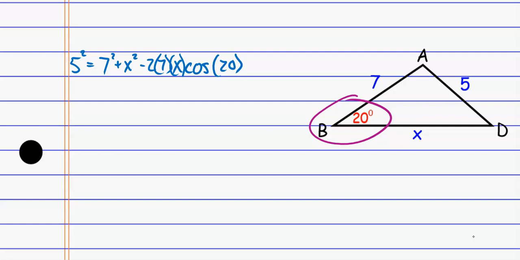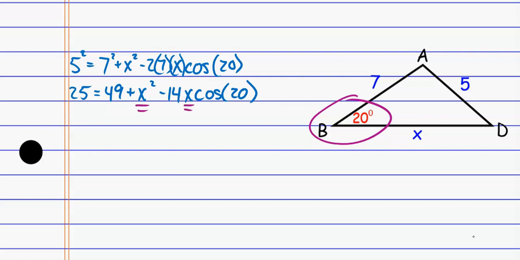And so when you look at this thing, notice this time the x isn't the thing by itself. Well, that's okay. I just have to solve this thing. And to solve this thing, this one's a little bit of a bear. Let's just simplify what I know. I know the 25, I know the 49. And so what I have here is a quadratic.